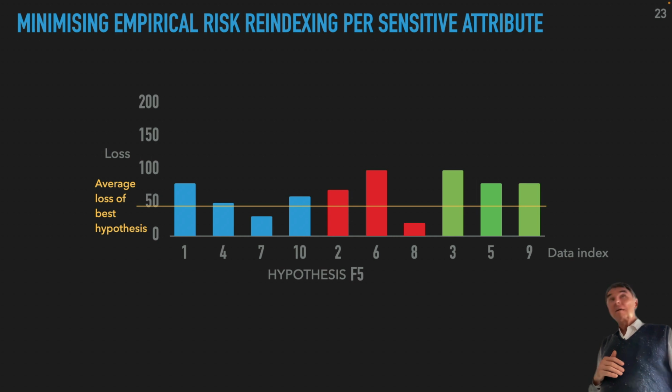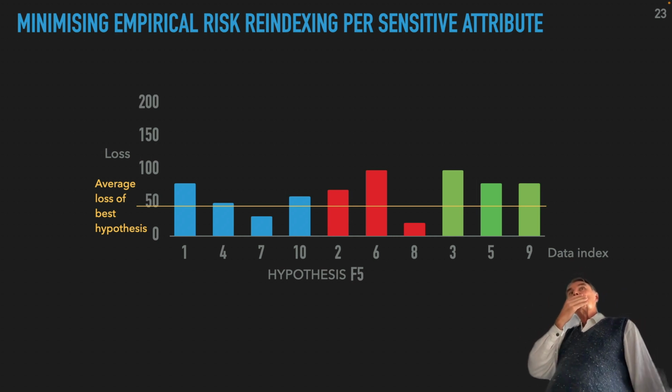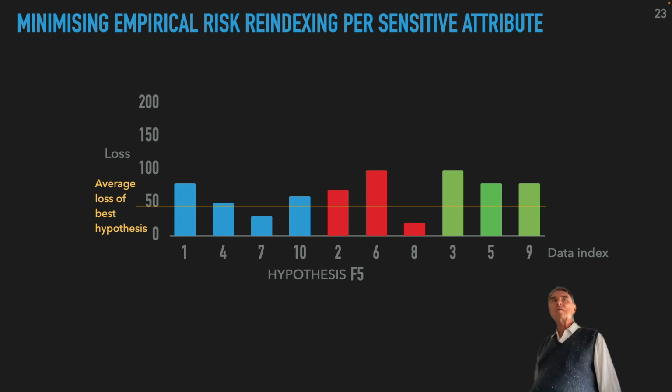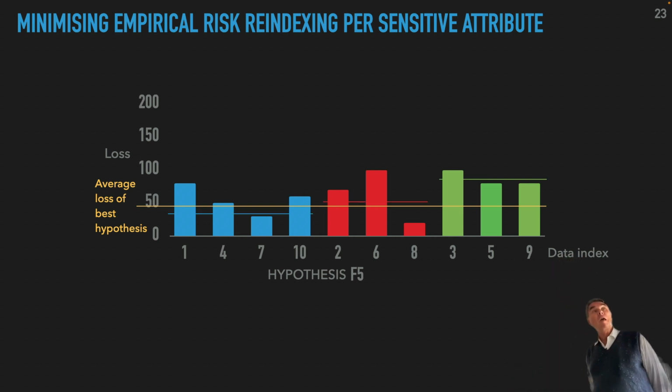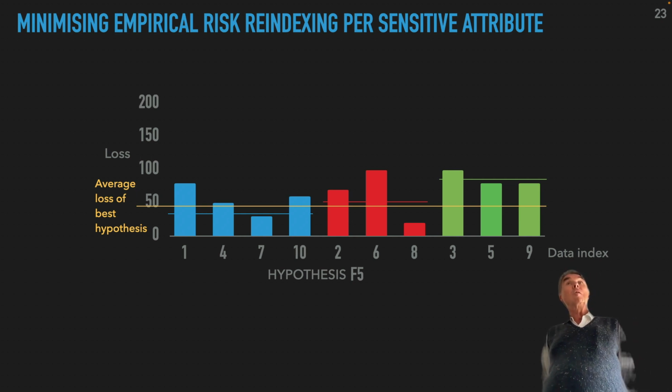But we've gone and done that, and then a journalist comes along and says, you've optimized it, but I go and do this. If I go and compute the conditional average for the blue people, the red people, and the green people, I conclude that whilst your hypothesis is good on average, the green people are paying the price for that.